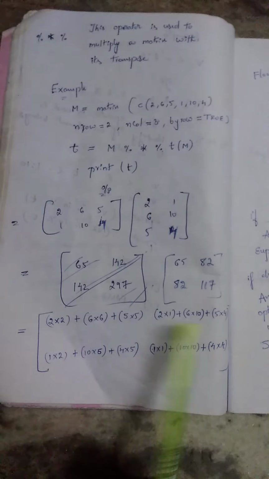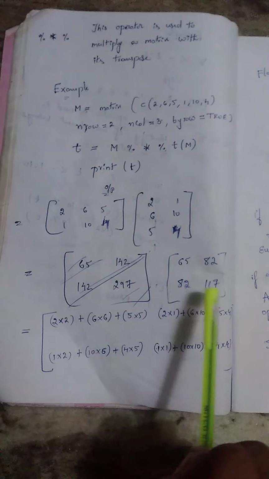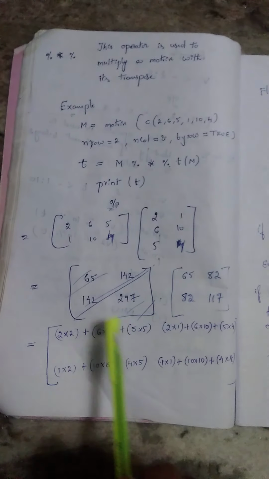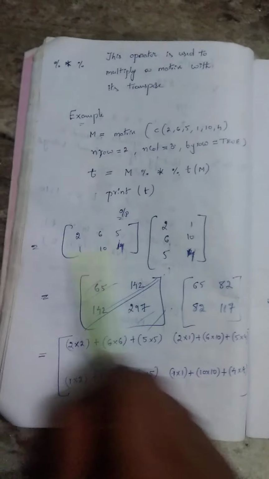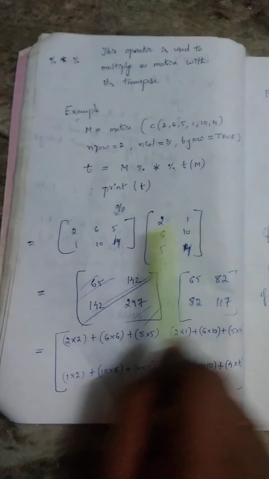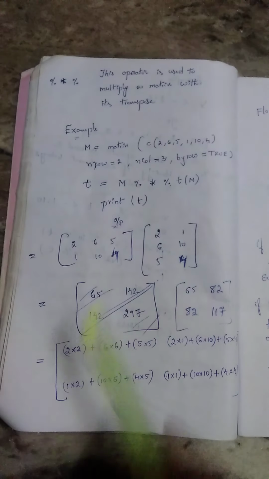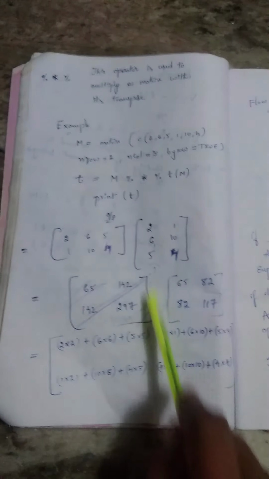After calculating the whole matrix, we get 65, 82, 117. This is the output. The transpose of a matrix means converting the rows of the given matrix into columns. Multiplying the given matrix with its transpose, we get this output.